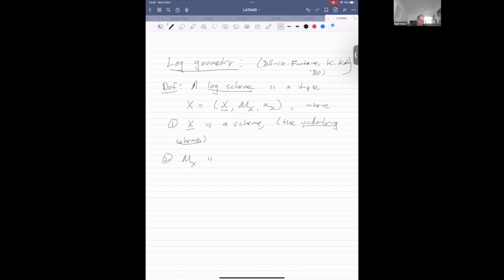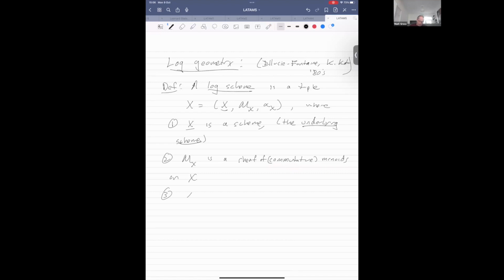M_X is a sheaf of commutative monoids on X. So recall, we already talked about monoids in the first lecture. A monoid is like a group, but we can't necessarily subtract. We don't necessarily have additive inverses. So these are like the things that have shown up repeatedly.